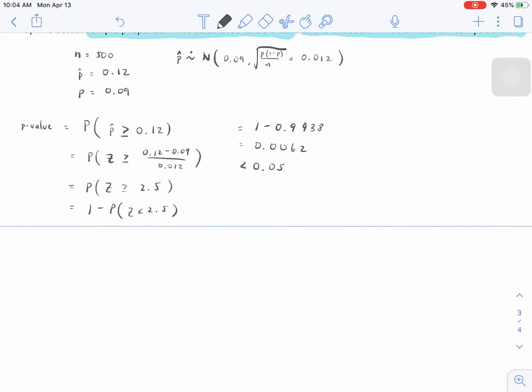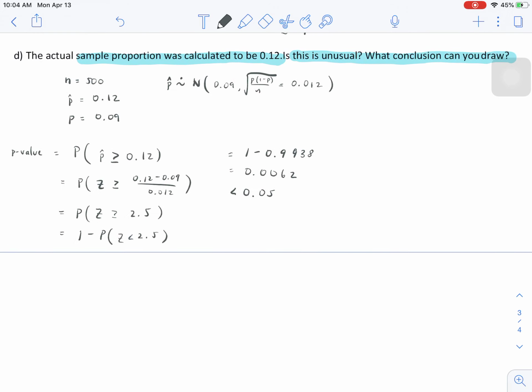Remember that if our p-value is less than 0.05, then we know that we're dealing with something very unusual. So our sample proportion is unusual.